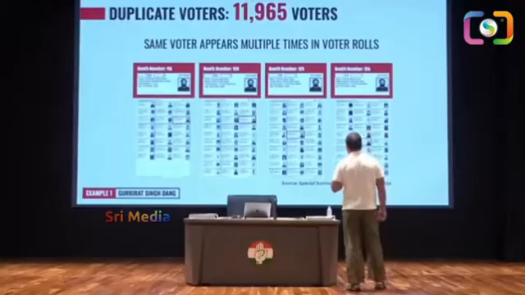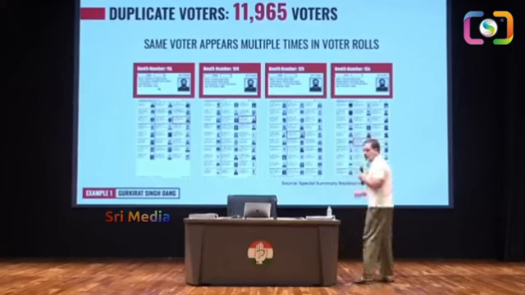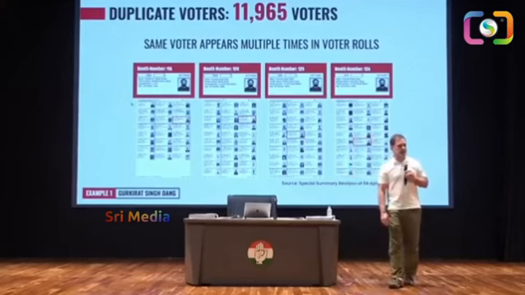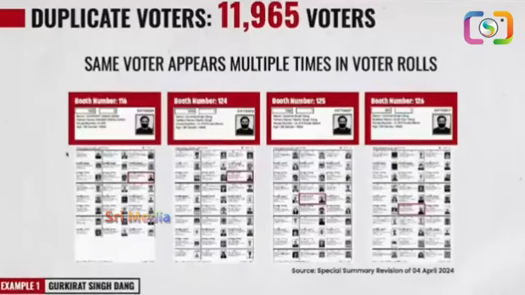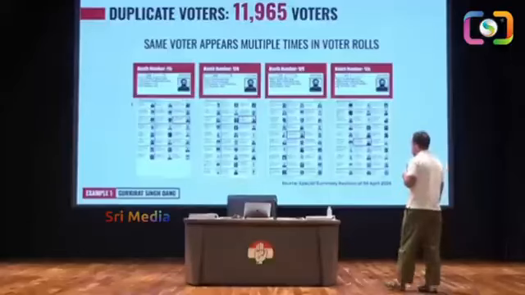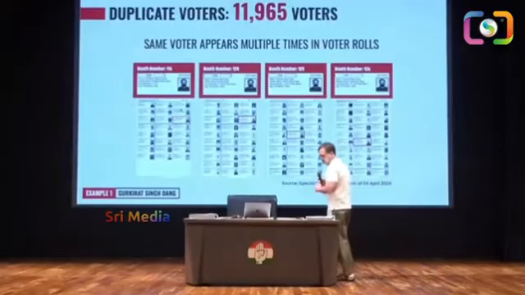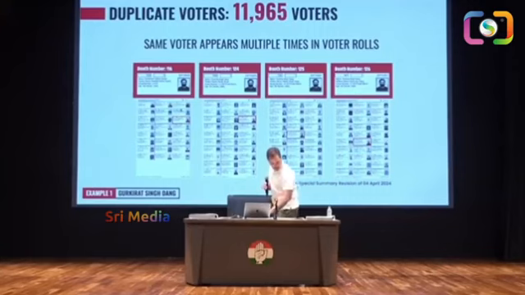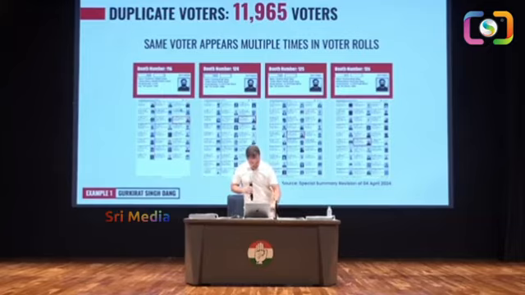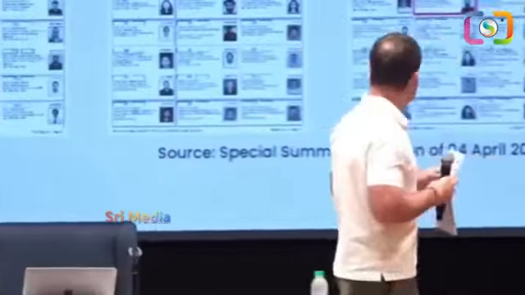Here is duplicate voter. There are 11,965 voters of this type. This is the gentleman called Gurkirat Singh Dang. Here he is. Can you zoom in?